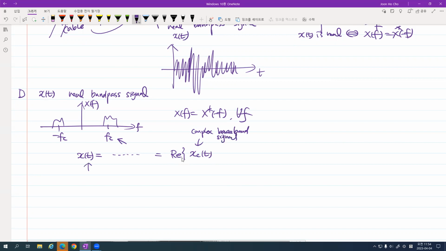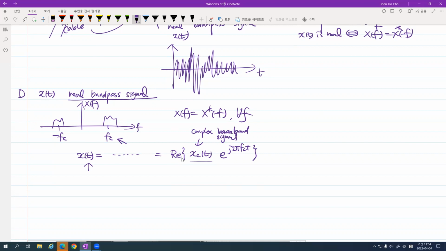Be careful. This is the real bandpass signal, and this is the complex baseband signal. And then you have a complex sinusoidal signal that has the frequency which you have chosen.